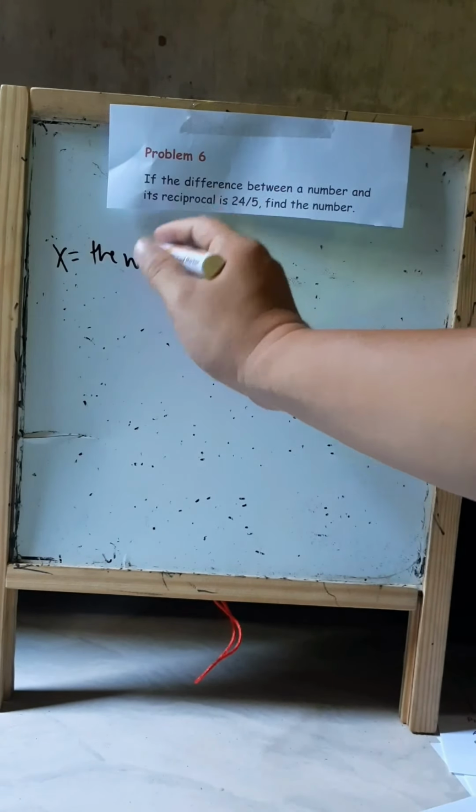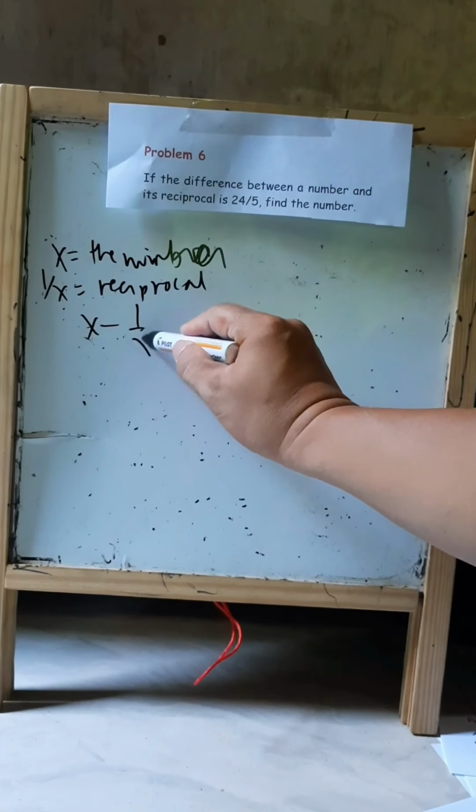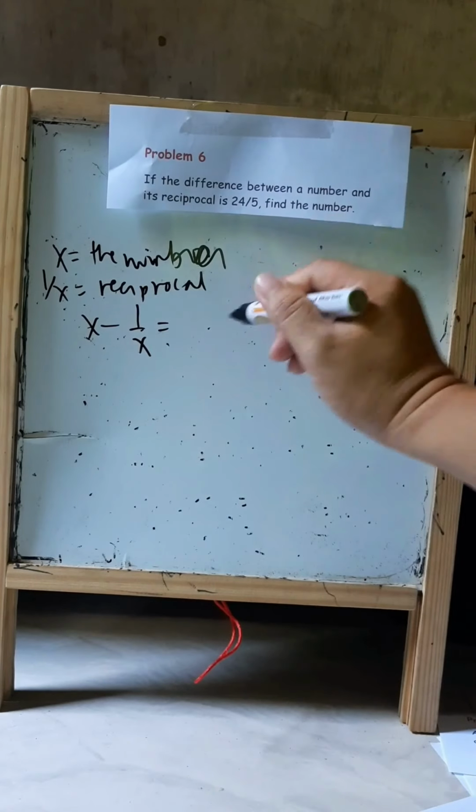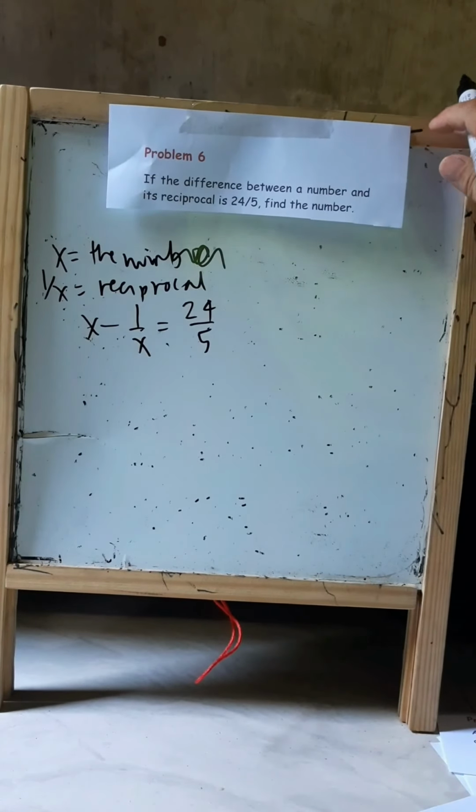So 1 over x is the reciprocal of the number. We subtract x minus 1 over x. Their difference is 24 over 5. So x minus 1 over x equals 24 over 5. That is our equation for this particular problem.